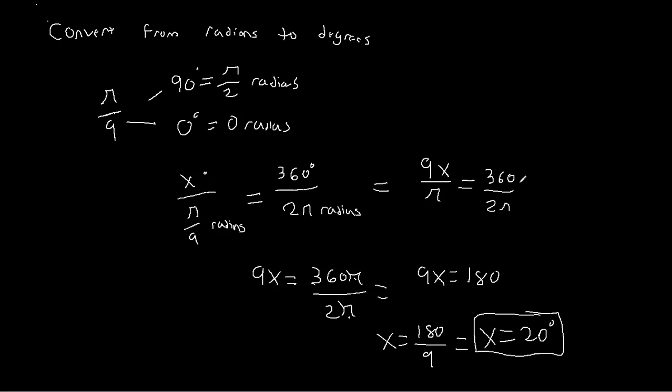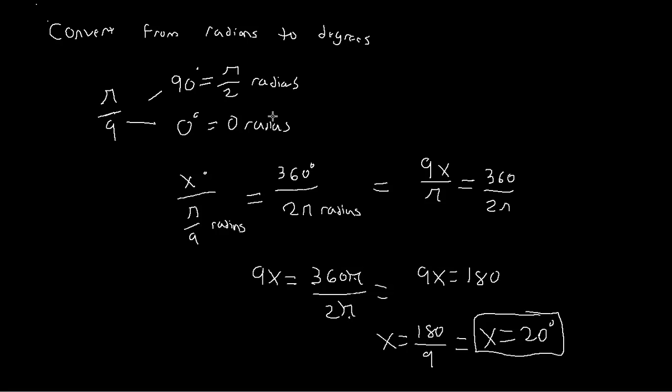This side did not change, because we were just rearranging this side. x over pi over 9 is the same as 9x over pi. These two things are equal. We didn't change anything. Then we brought the pi over, which canceled out. And then we divided through to solve for x. So hopefully, especially this first step, didn't confuse you.